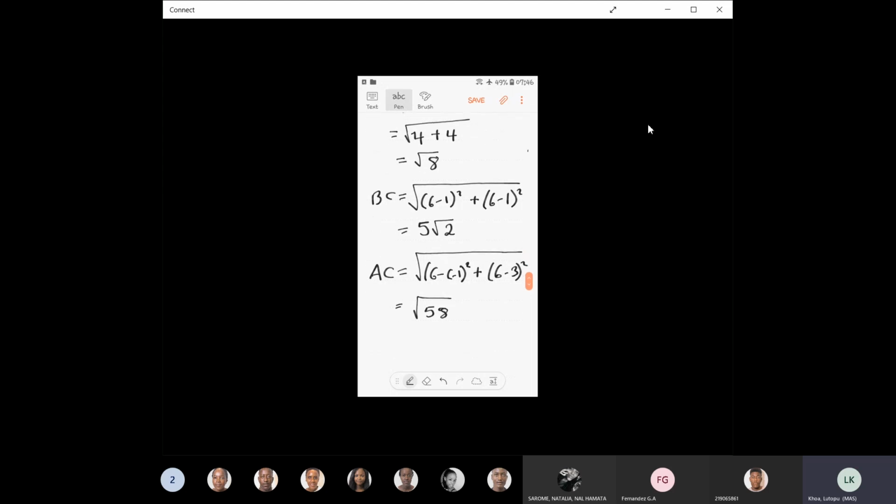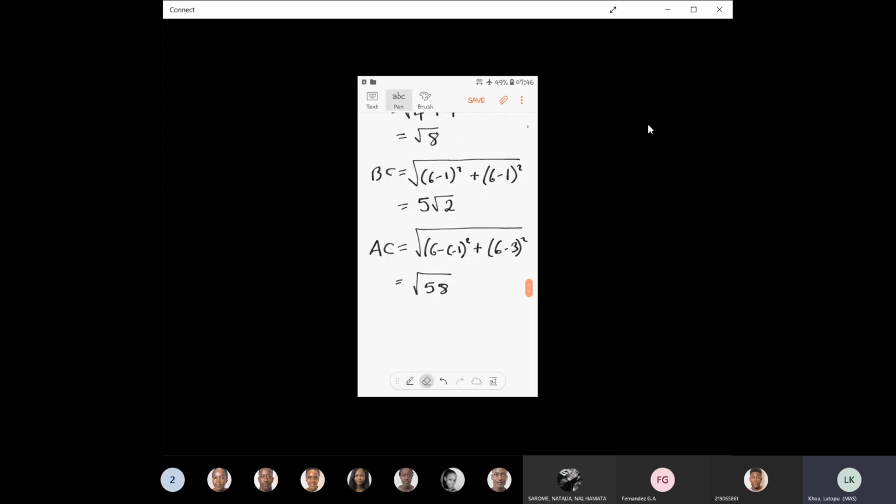Okay, so to find the perimeter, all I do is combine all the lengths that I have over there: the square root of 8, 5 root 2, and then root of 58.